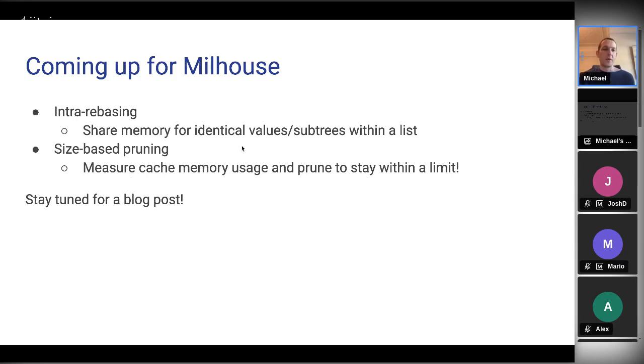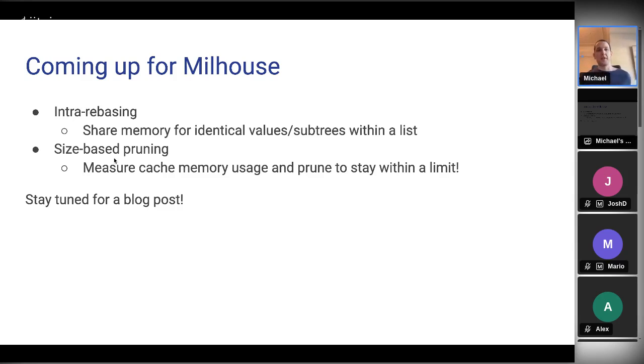And then the other thing that we're working on, which is a bit trickier, is pruning the cache based on how much memory it's currently using. If we can measure how much RAM a particular tree or state or list is using, then when we're pruning, we can say, give me the least useful and most memory-using thing, and I will delete that first.